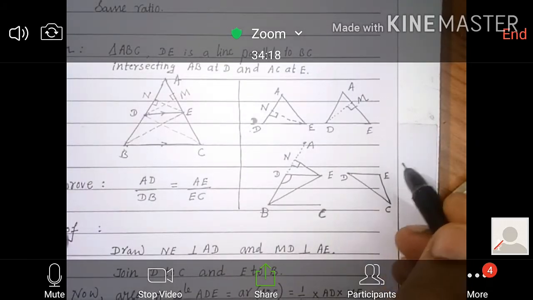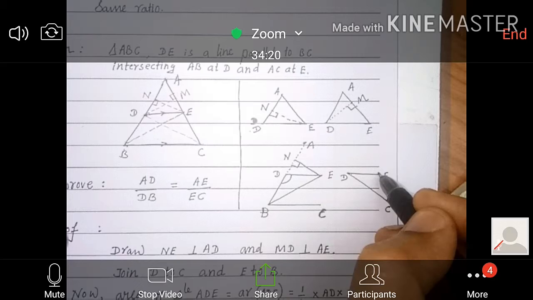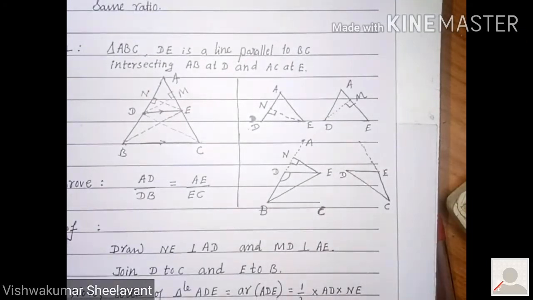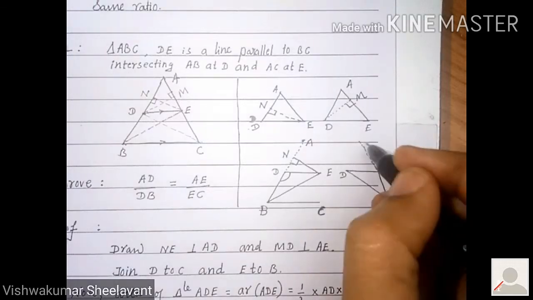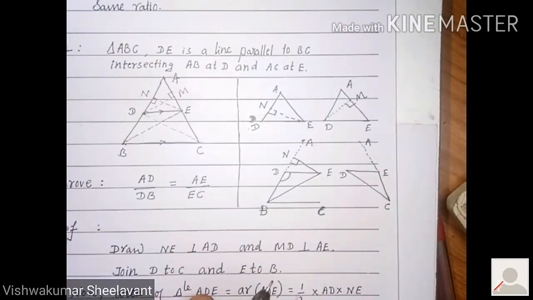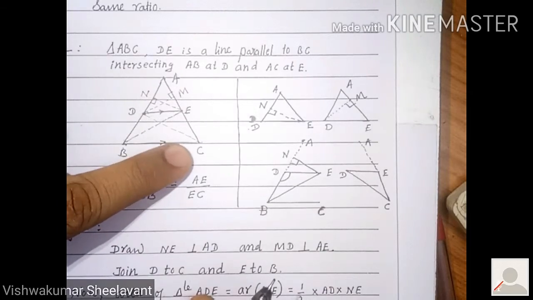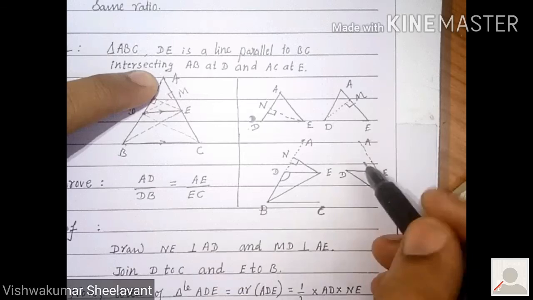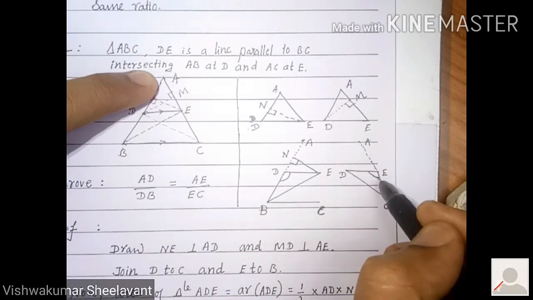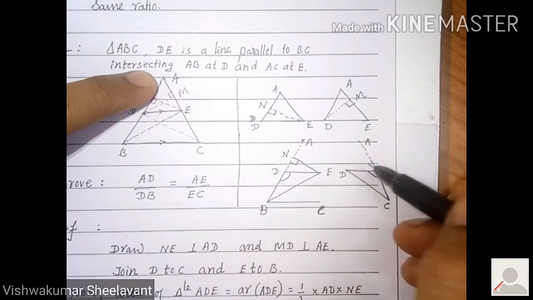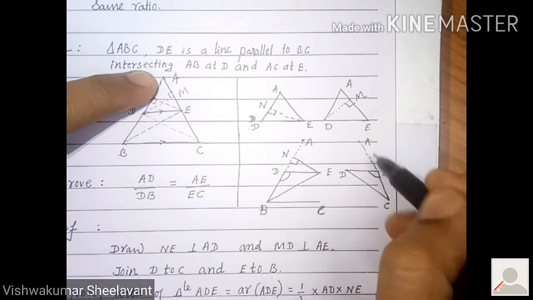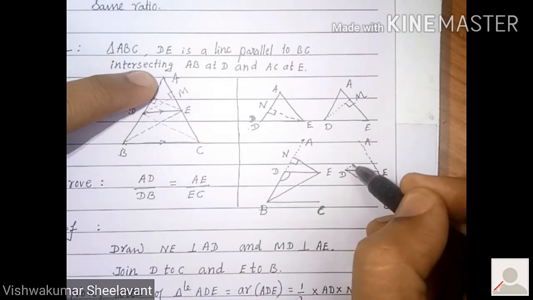Now see here. If I extend this, what I get? A only. You look at this diagram. CE extended will go to A. Here also it is obtuse angle now. So if we extend EC to AE, then the altitude will be found on AE like this.